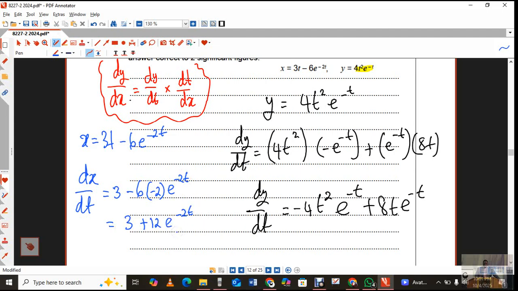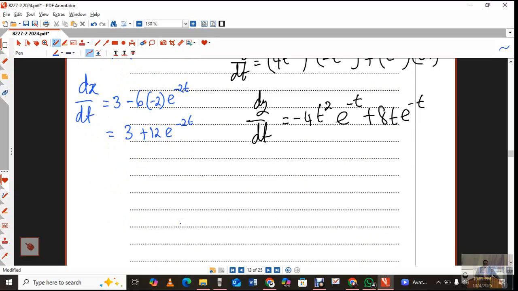So this is dx dt, but we are looking for dt dx. So dt dx means you'll just swap this around. So it's going to be 1 over 3 plus 12e to the minus 2t.